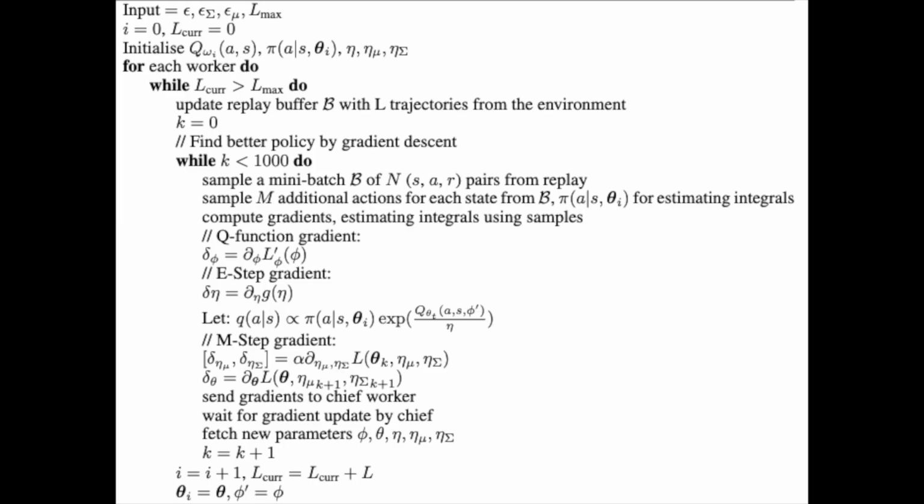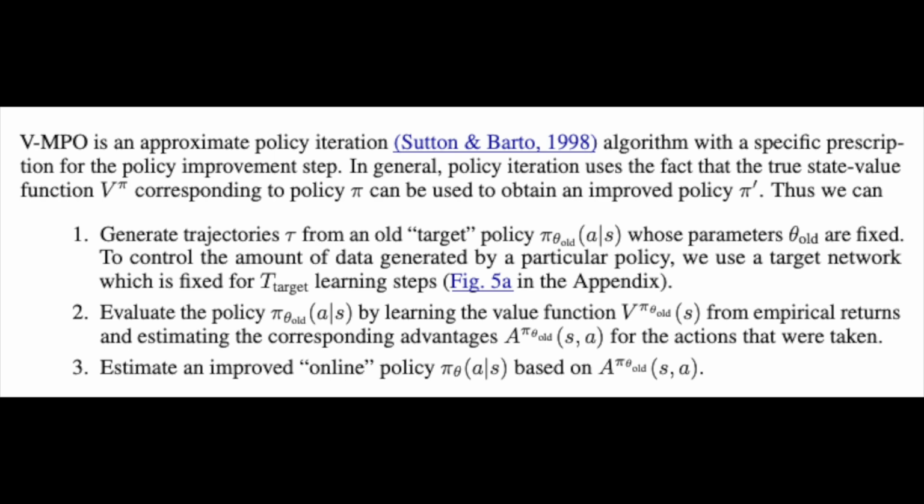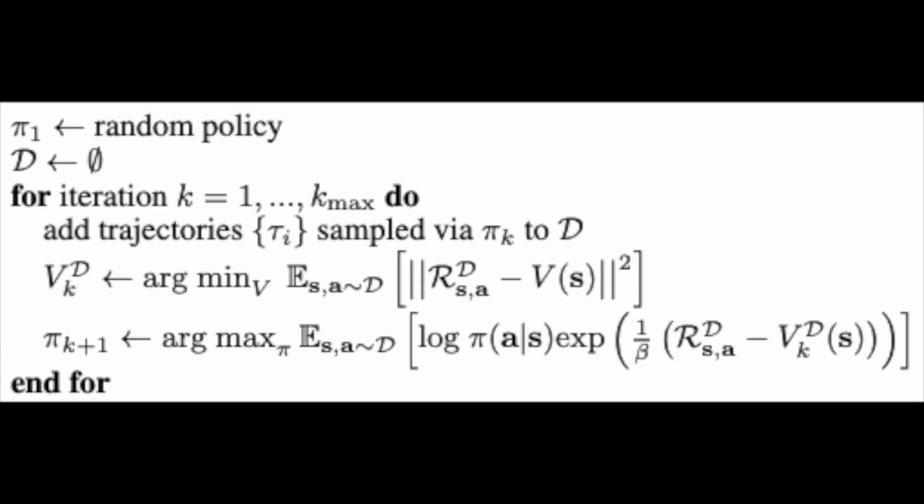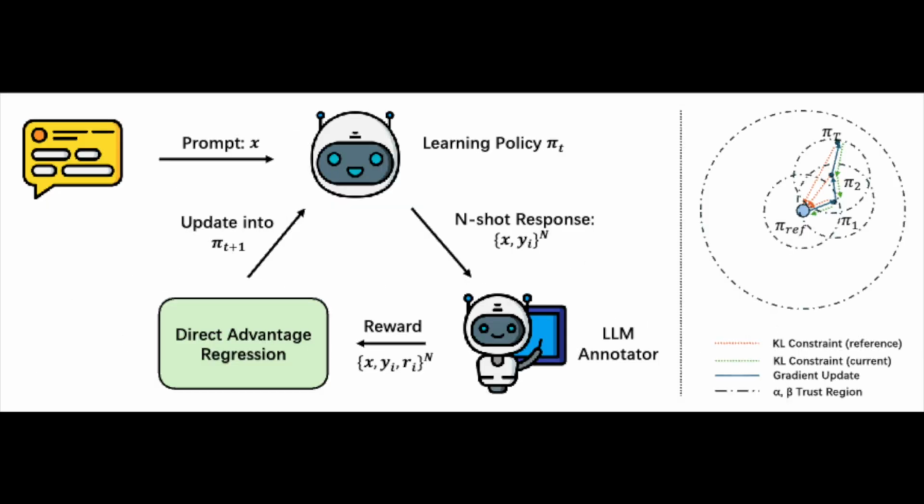MPO uses a two-step EM with a closed-form non-parametric E-step and a decoupled Gaussian M-step. V-MPO collapses both into one Adam step with stop gradient. AWR uses two regressions and a fixed temperature. DAR takes us into language model alignment with a second KL penalty against a reference policy.